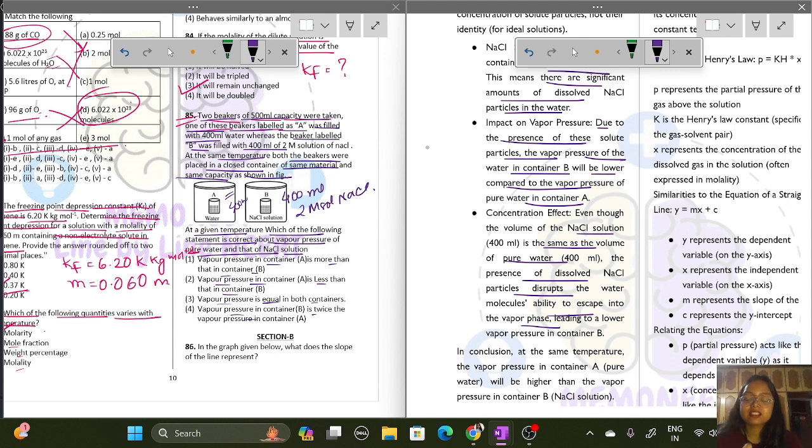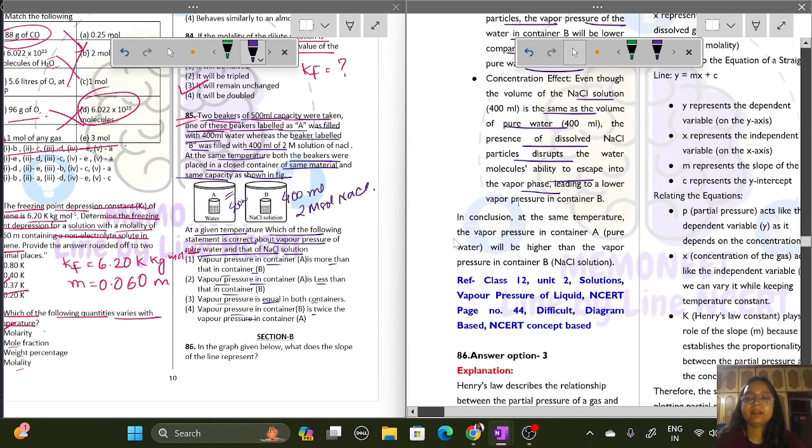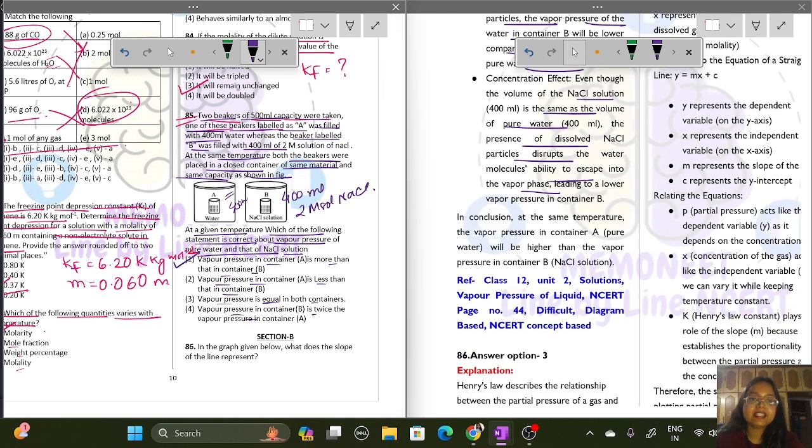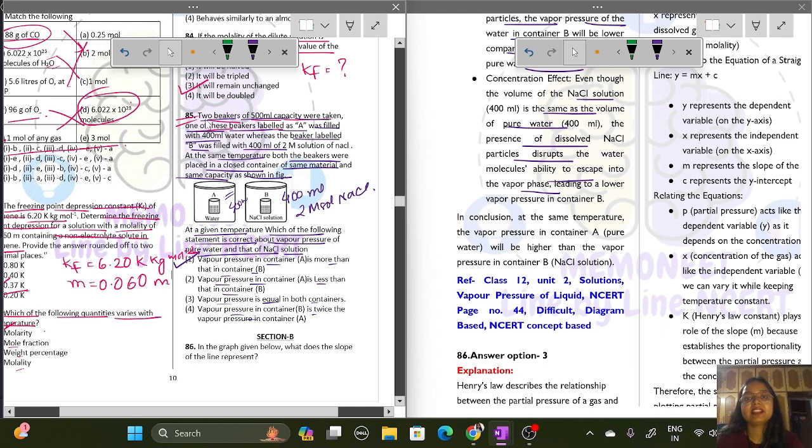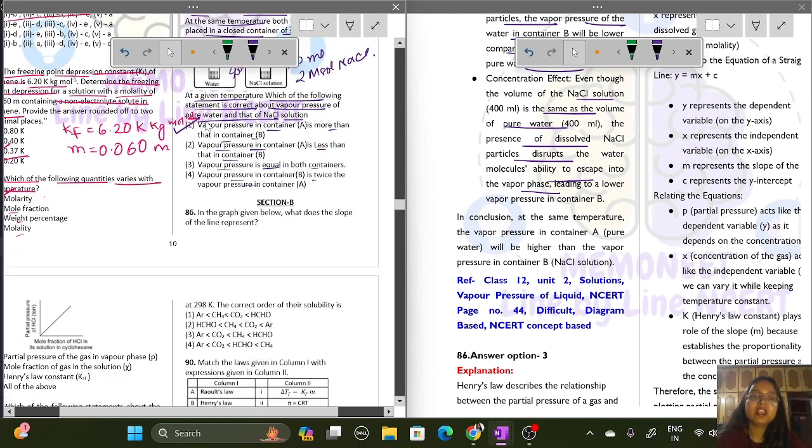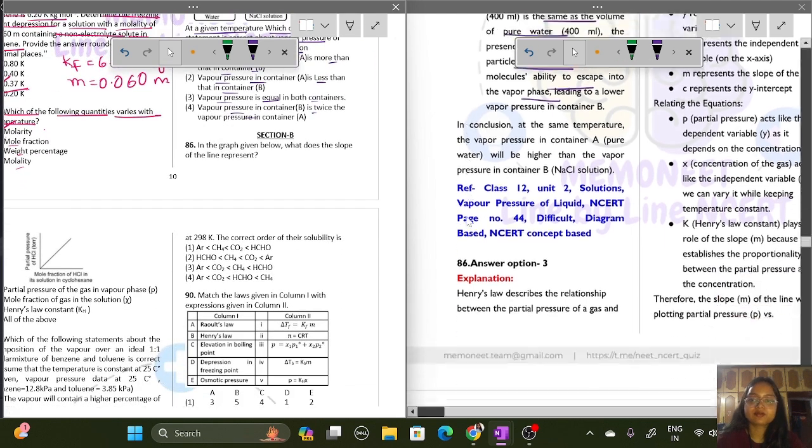But in the solution containing NaCl, they will not escape that easily, which leads to a lower vapor pressure. Therefore, the vapor pressure in container A is more than in container B. Option number 1 is the correct option.